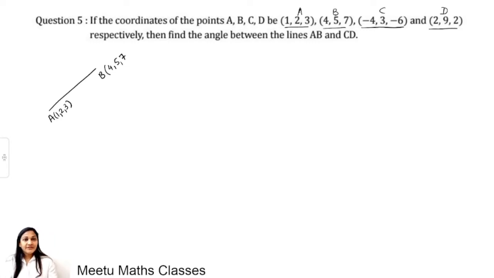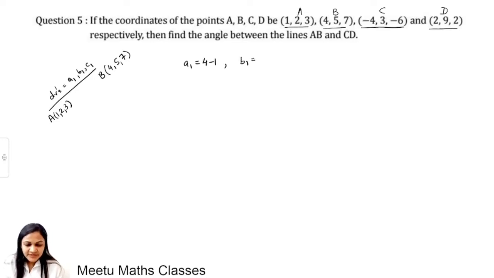If we are given the coordinates of 2 points on a line, we can find out the direction ratios of this line. Let the direction ratios be A1, B1, C1. So A1 is the difference of x coordinates, that is 4 minus 1.